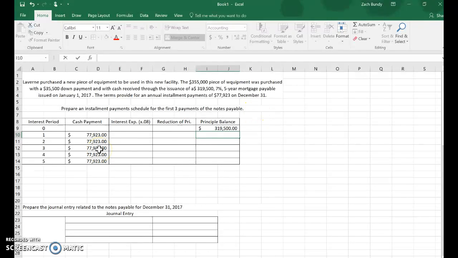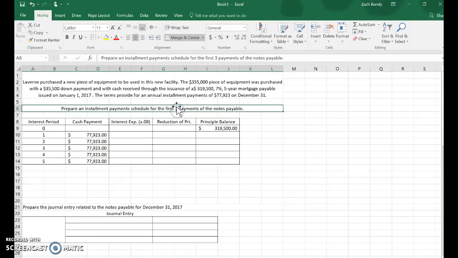The first thing we're asked to do in this question, by the way, this is question 12A on homework number 2, and a very similar problem is also found on page 527, is to prepare an installment payment schedule for the first 3 payments. Oh, it says 3 in the book.